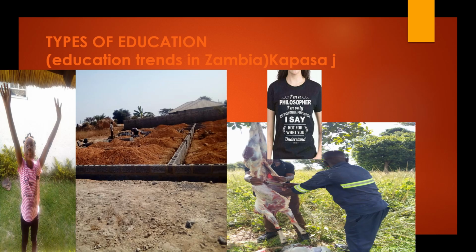Of course, education at the same time liberates us from our indigenous practices. Indigenous practices are inherited traditions that we are born with, which are perceived to be barriers. They tend to be barriers in terms of one's social progress or economic progress.